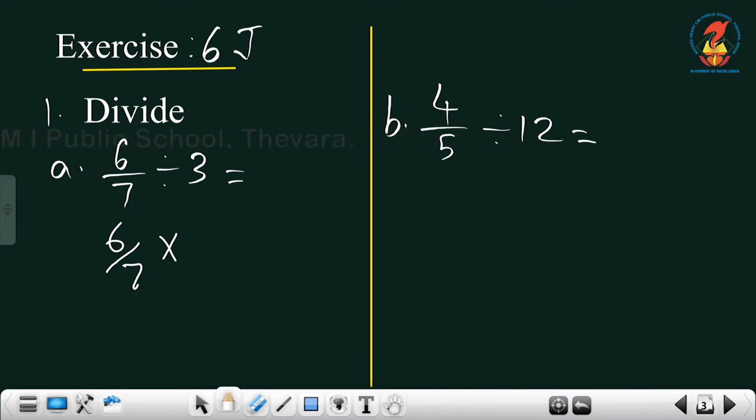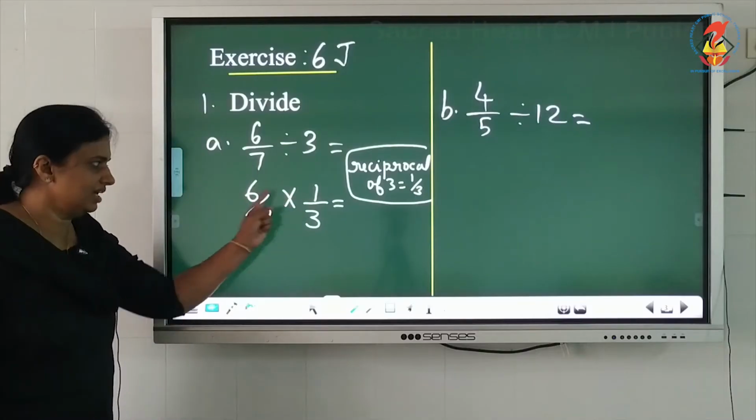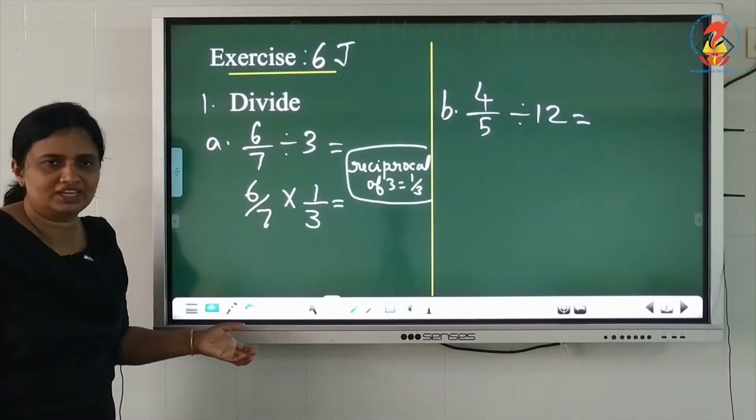The reciprocal of 3 is what? 1 by 3. Okay, reciprocal of 3 is 1 by 3. After that, I need to multiply. 2 fractions only now, right?